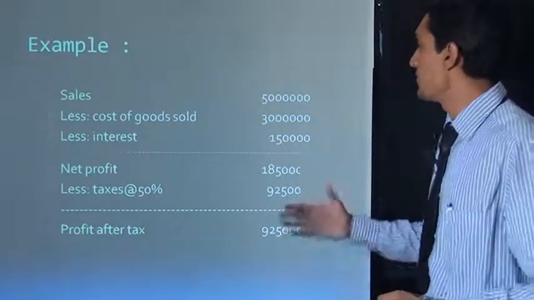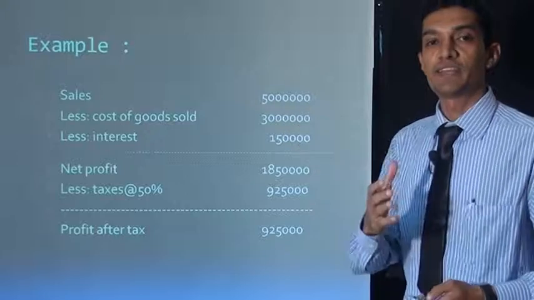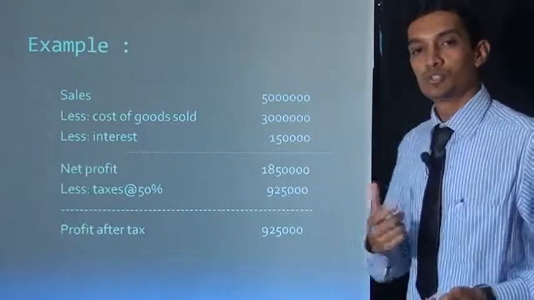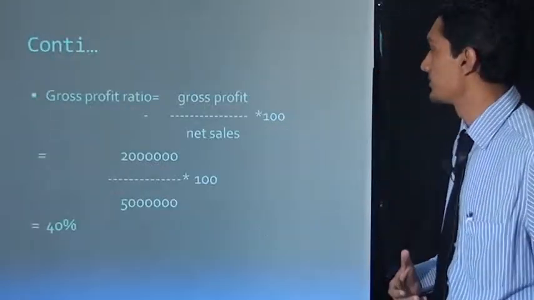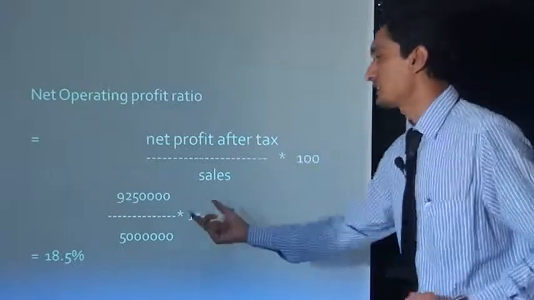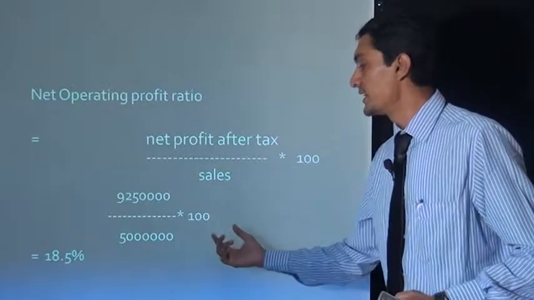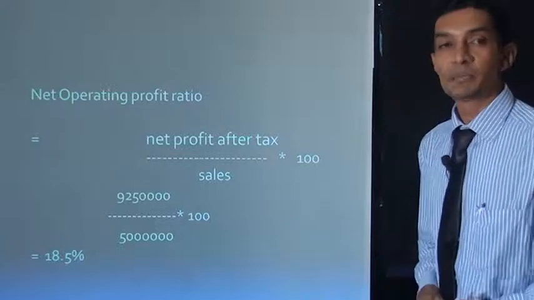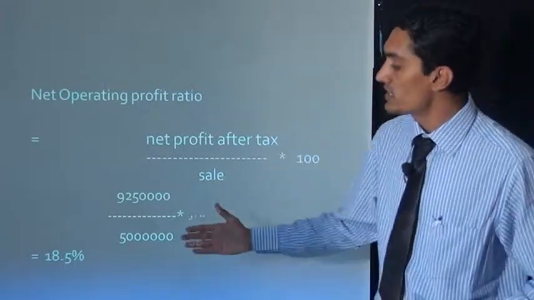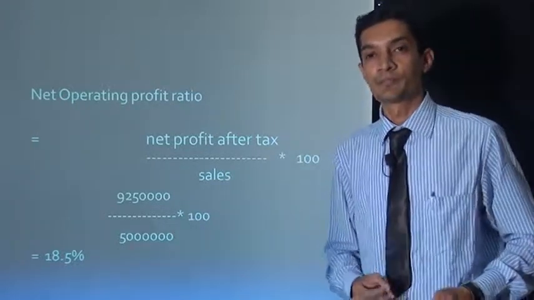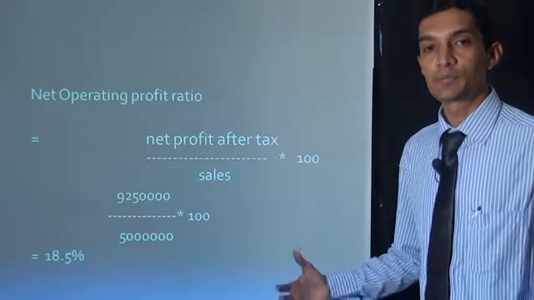So 9,25,000 divided by sales of 15 lakh, multiplied by 100. So the profit is 18.5%. This ratio is calculated in percentage.